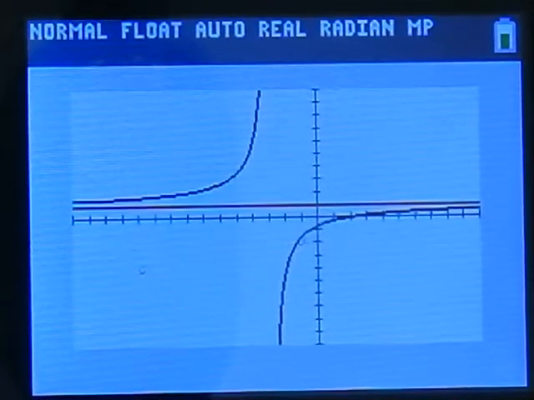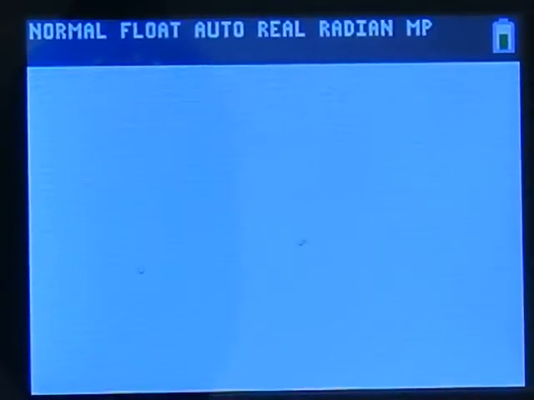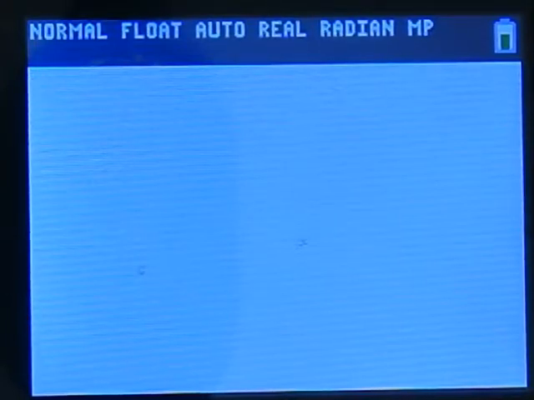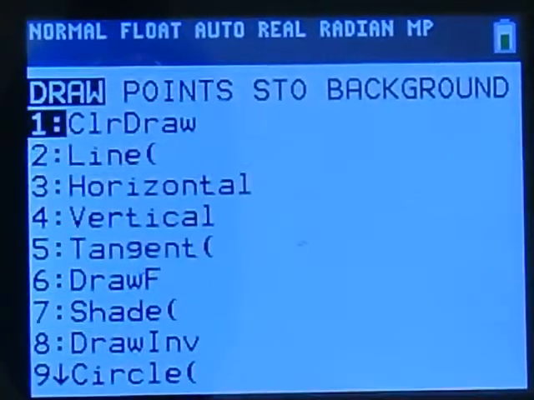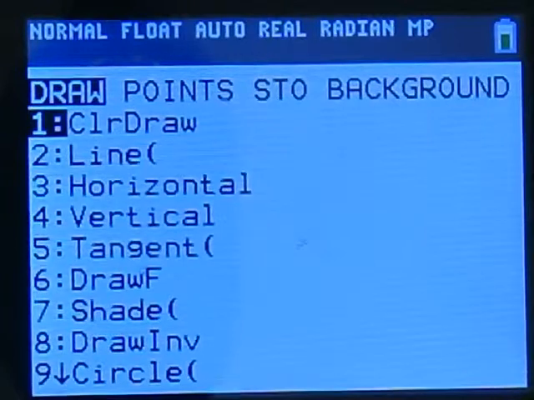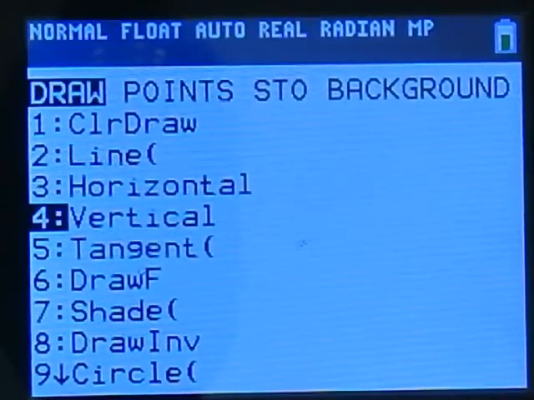So I'm going to go to my main work screen, that's second quit, and it's empty right now. And now we're going to hit the draw menu, and that's right above the program button. So it will be second draw, and you'll get this menu. And I'm going to go down and select vertical.